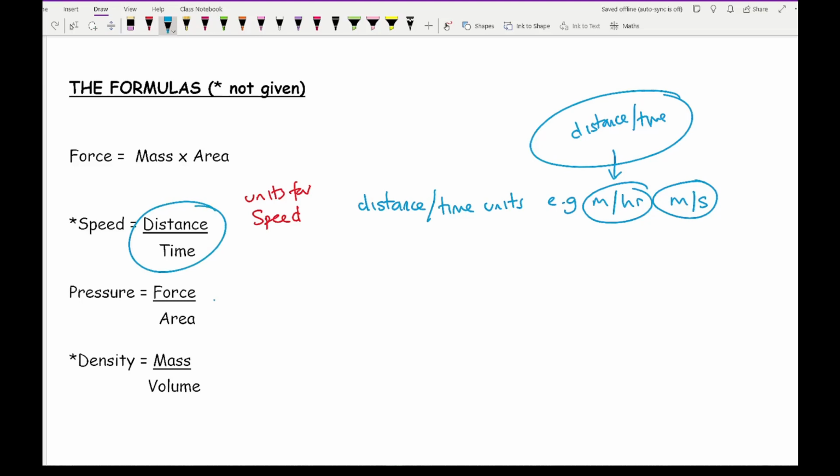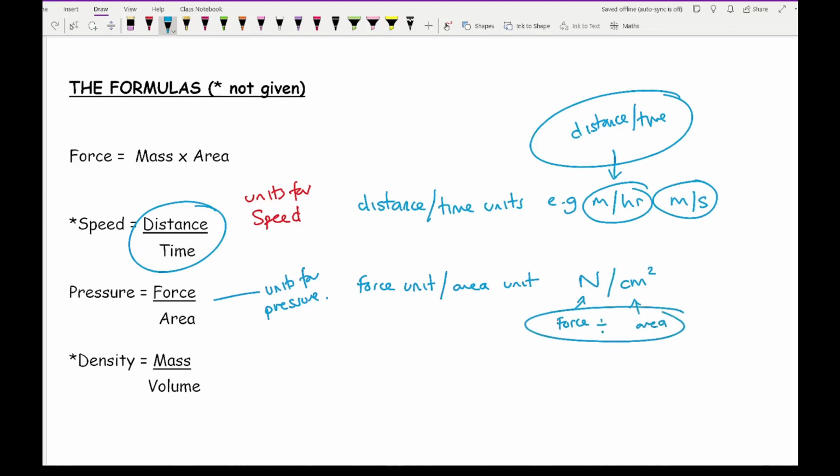The same thing for pressure, so the units for pressure is going to be a force unit per an area unit. So for example you could have newtons per centimeter square. So again this is a force unit, this is an area unit, and then divide, and lo and behold just by looking at the units you've got the formula. And the same thing applies for density.